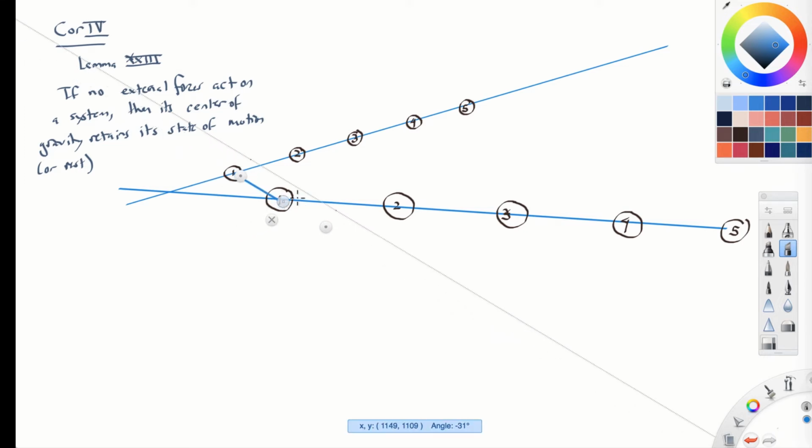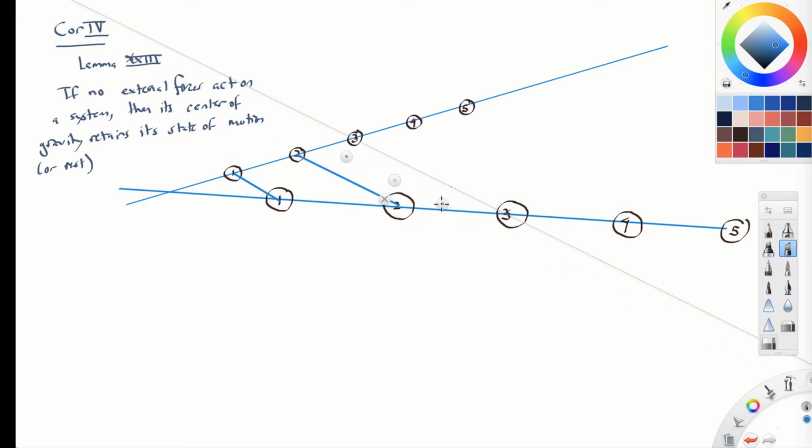And at this moment in time, the center of gravity is going to lie somewhere along this line. And at this moment in time, along this line. And at this moment in time, along this line.